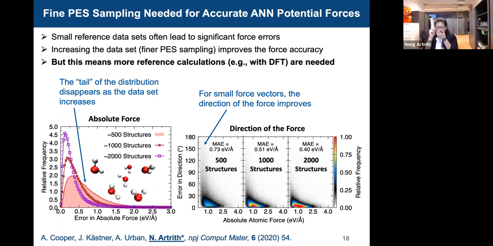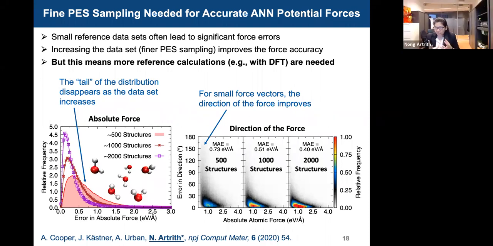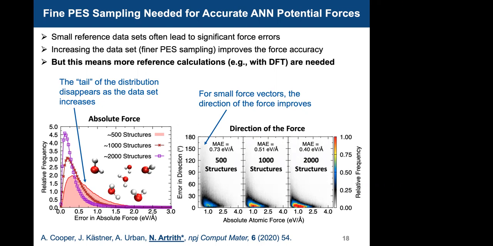And was that derived from MD or some other way? So MD and geometry optimizations. We have geometry optimization at 0 Kelvin, and we also include some MD simulation frames. So there are two types of structures. Okay, I see now, I got that point.